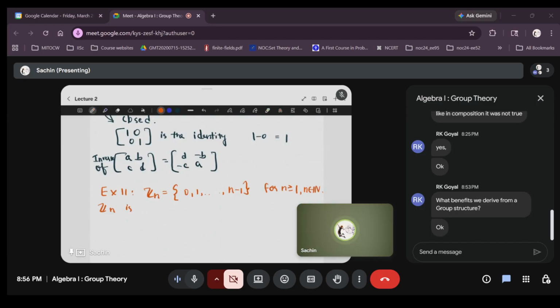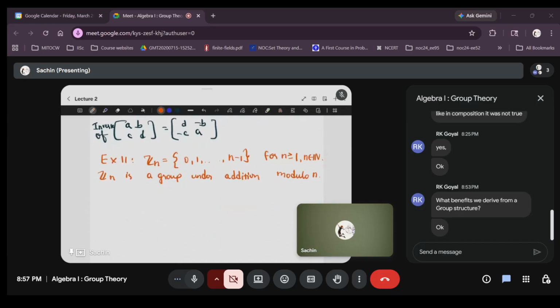Zn is a group under addition modulo n. So, A mod n.